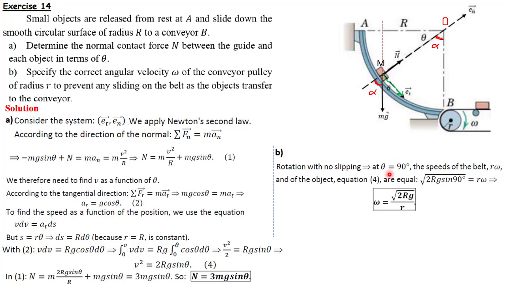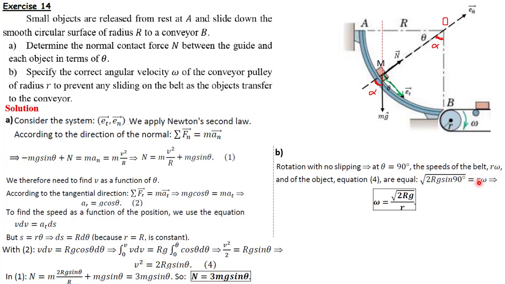So at angle theta equal to 90 degrees, at point B, the speed of the belt should be equal to the speed of the object. So we will write that v belt is equal to R omega is equal to the speed of the object found from the circular surface, and this is equal to the radical of 2rg sine theta.